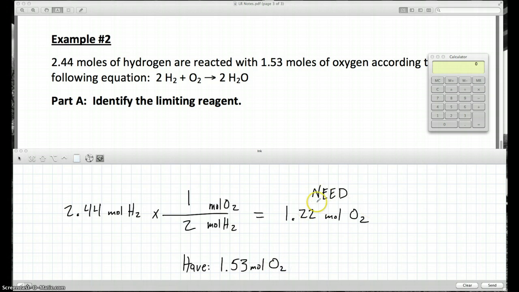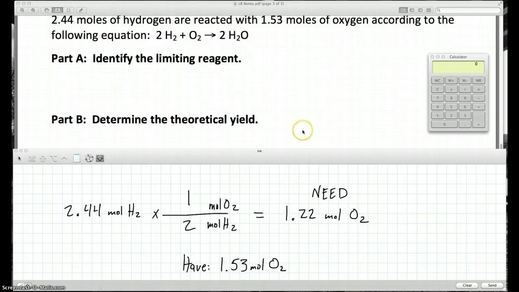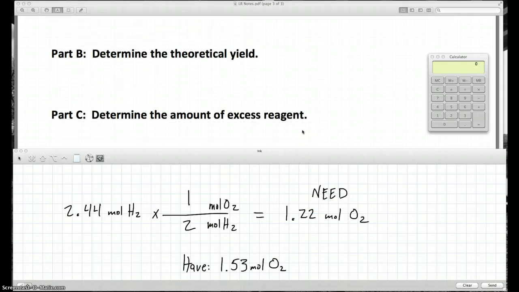I need 1.22. And the question is asking, how much of the excess reagent is going to be left over unused? So I just compare these two and I subtract them.